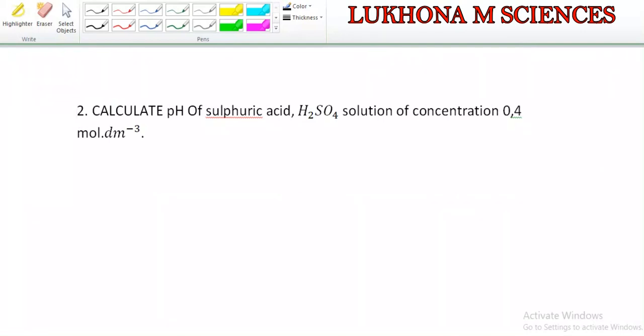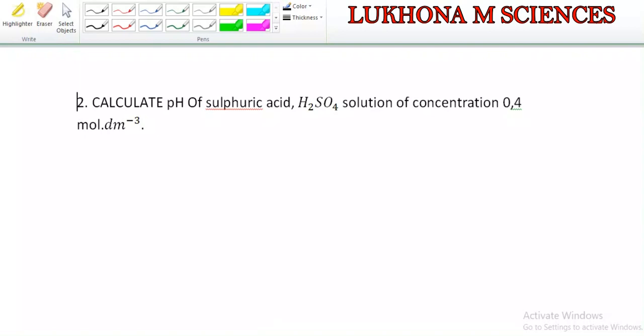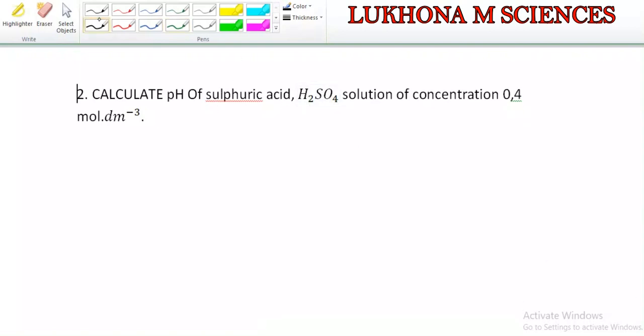The following question says calculate the pH of sulfuric acid. Now the sulfuric acid has 2 protons to donate, meaning that the concentration of H3O plus will be equal to 2 times the concentration of sulfuric acid, because it has 2 protons to donate.